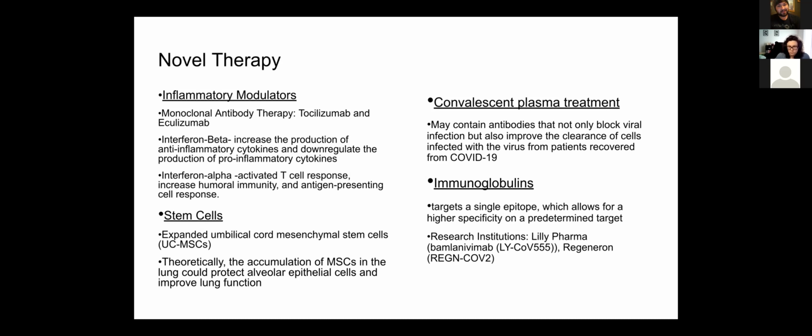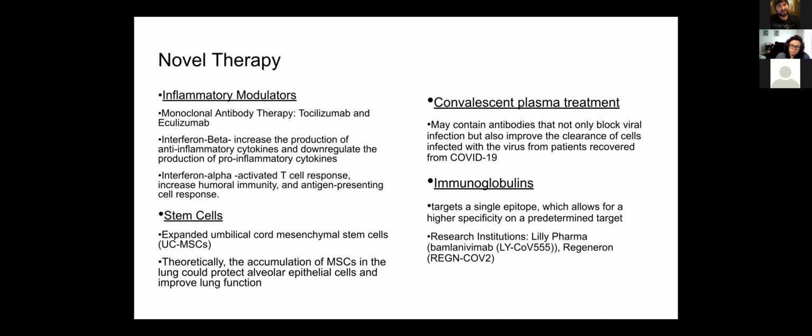There are also stem cells that have been hypothesized that could be of some use. They mentioned the mesenchymal stem cells a lot, and that they could actually help people recover.